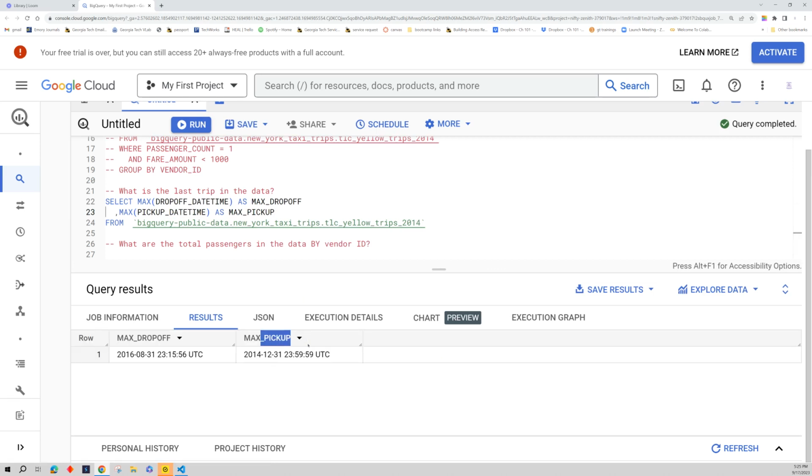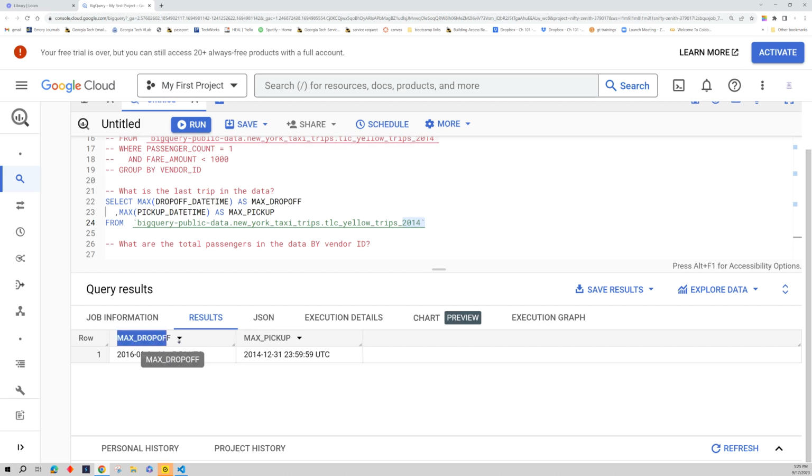So we see our max pickup happens, I think this is exactly when you would expect. This is for 2014 data only. So our max pickup was on New Year's Eve, 1 minute, 1 second before it turned to New Year's Day. So that seems like a really reasonable number.